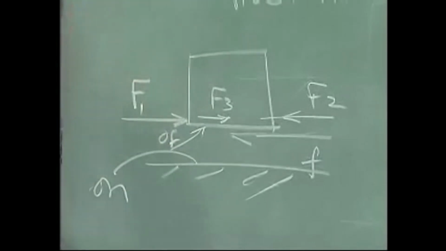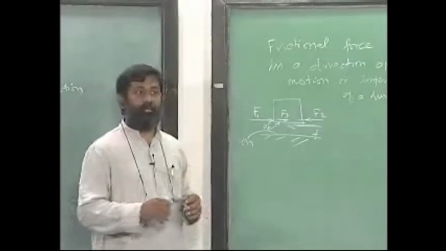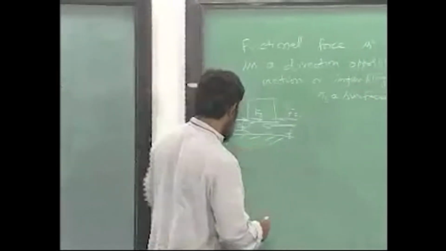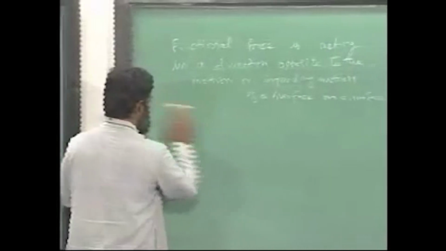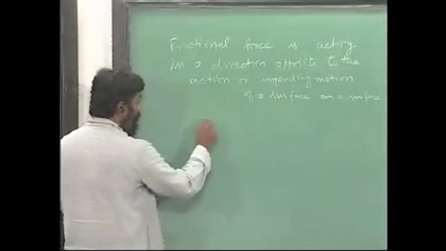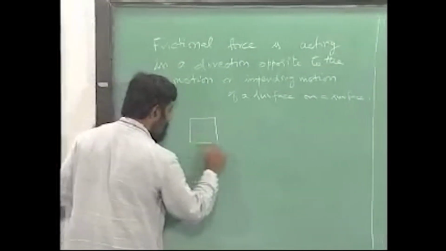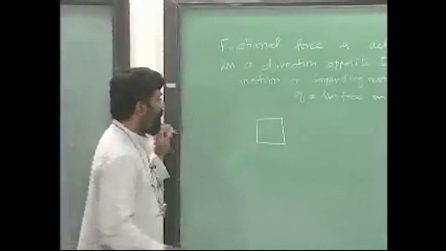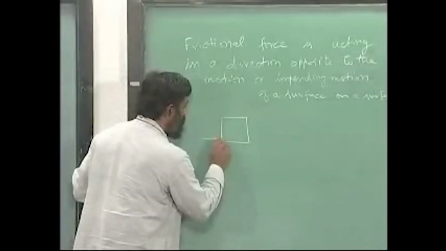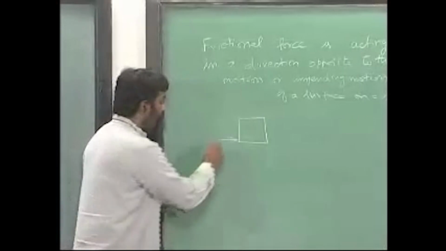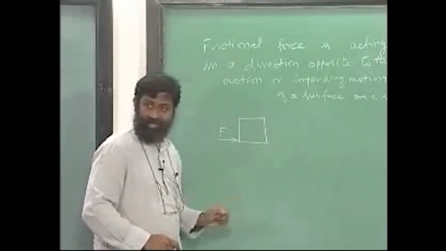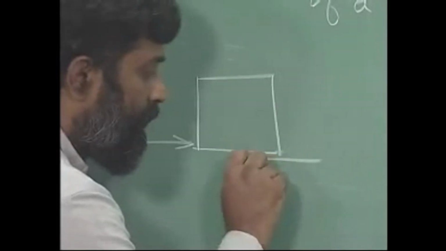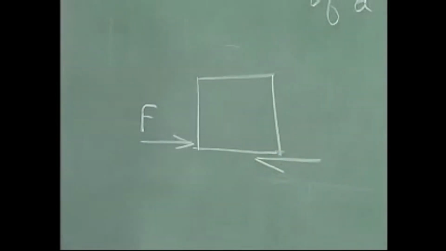This should be understood clearly, which means what? If I have a body, so let me just make it very clear to you in this scenario. If I have a body like this and I am applying a force F, and if I say the impending motion is in this direction, I will apply a frictional force.